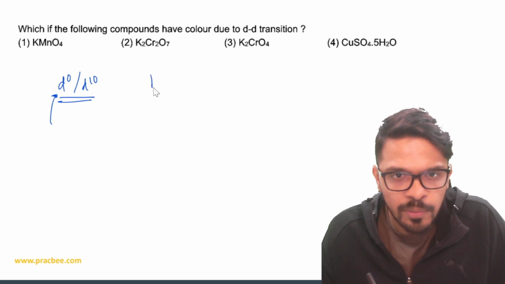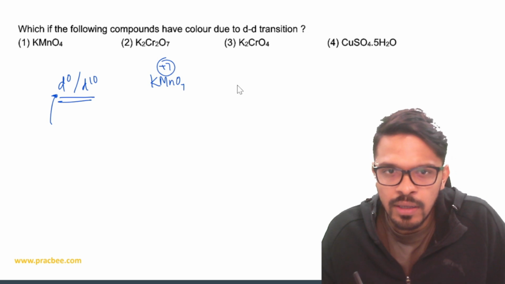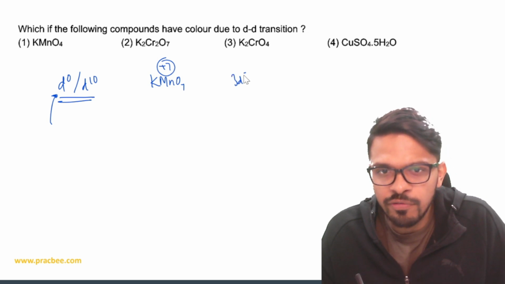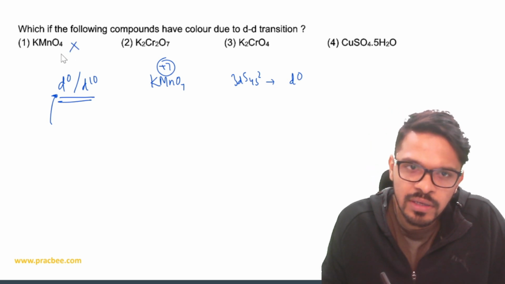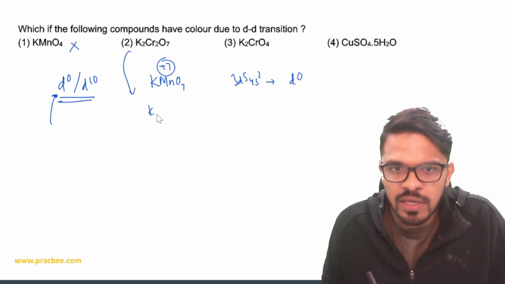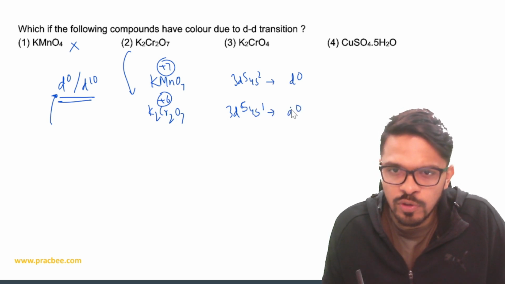Let us talk about KMnO4. In KMnO4, the oxidation state of Mn is +7 and Mn is basically 3d5 4s2. It is again d0, so no d-d transition. K2Cr2O7 is again chromium +6. Chromium is generally 3d5 4s1, so it is again d0, +6 would be d0.